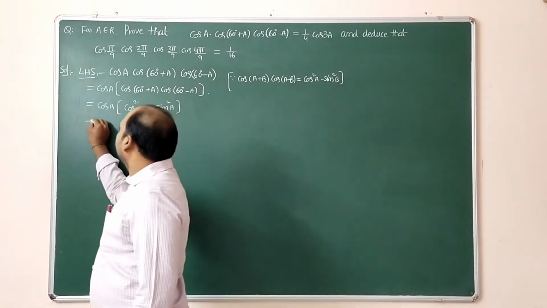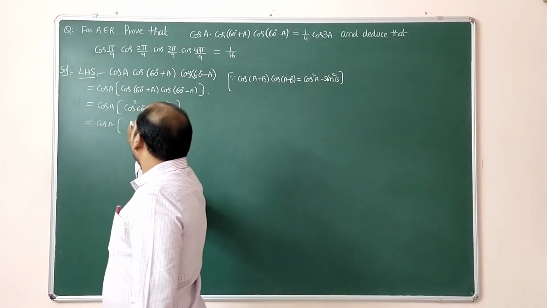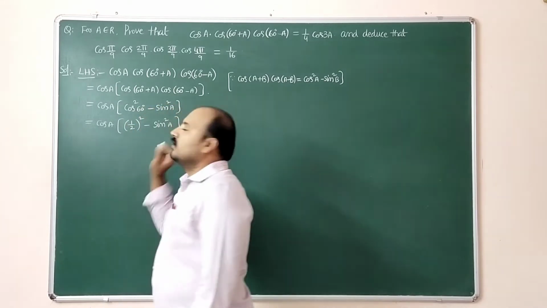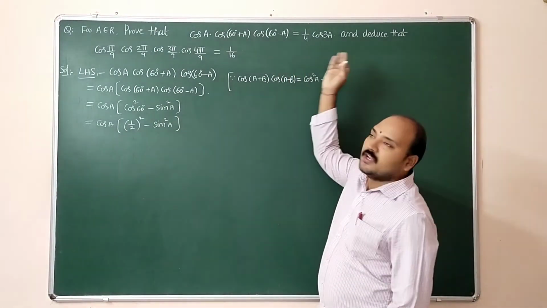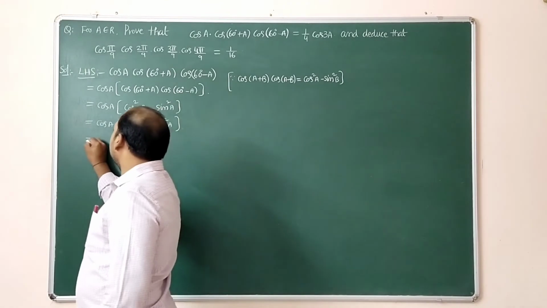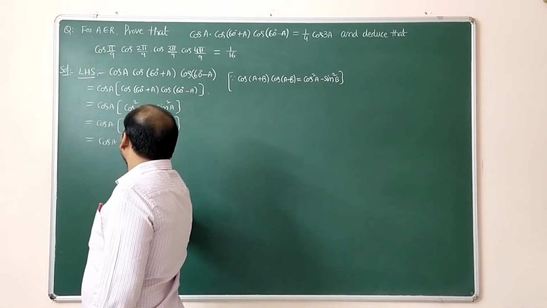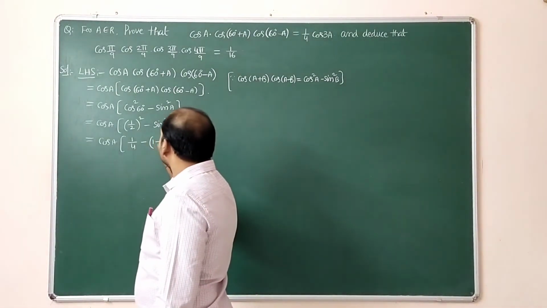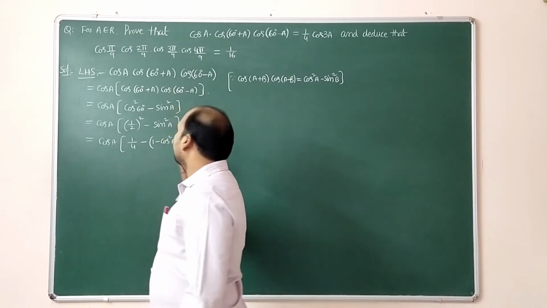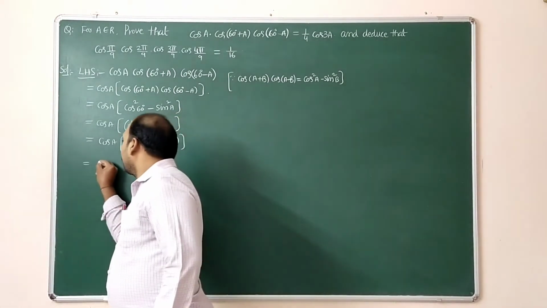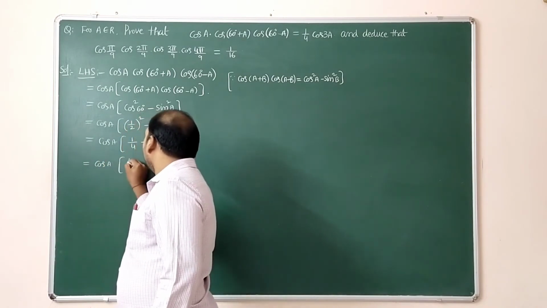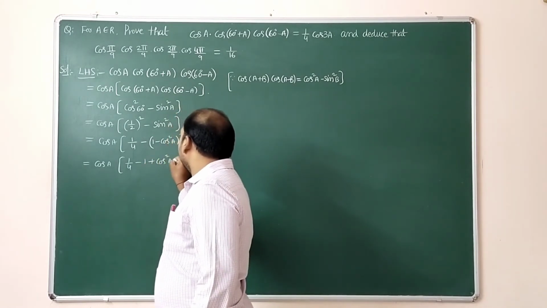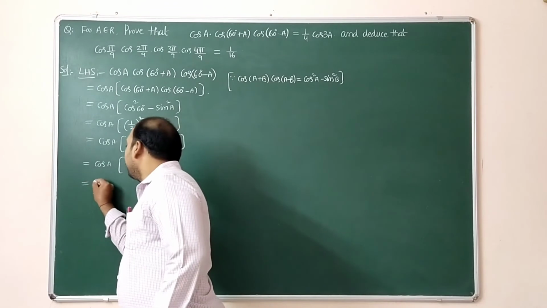So cos A into (1 by 2) whole square minus sin square A. They are asking to prove RHS in terms of cos, so you can write it as cos A into 1 by 4 minus, keep bracket, sin square A in terms of cos, 1 minus cos square A. So cos A into 1 by 4 minus 1 plus cos square A. Take LCM and simplify.